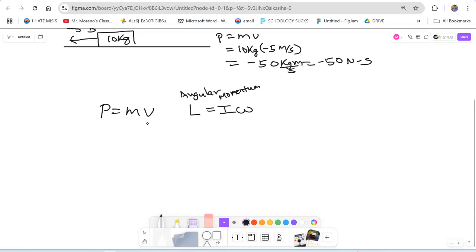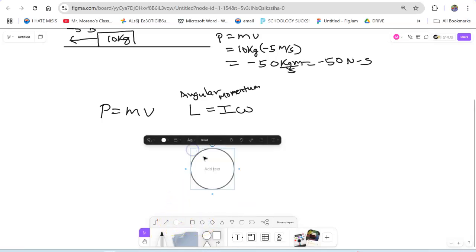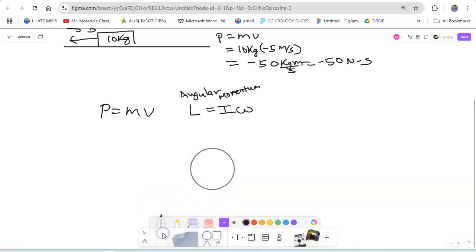Well, there's two different ways to do that. Let's say that we have a disk. All right, so here is our disk, and let's say that it is rotating in this direction here, going around this way.